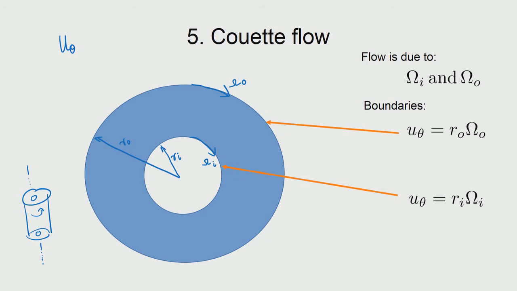So, the flow is actually happening not because of any term, we do not want to consider any body force, any driving force there, and we want to say that the flow is happening only because of omega I and omega O, that is inner and outer angular velocities. So, the boundary conditions are straightforward, the no slip conditions are applicable. So, for the outer wall, the linear velocity u theta is given by Ro omega O, for the inner wall it is given by Ri omega I. So, these are the boundary conditions at inner and outer walls.